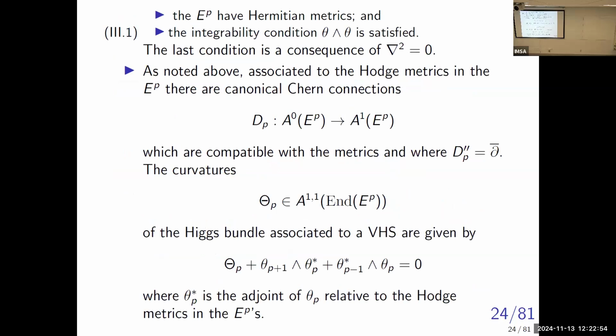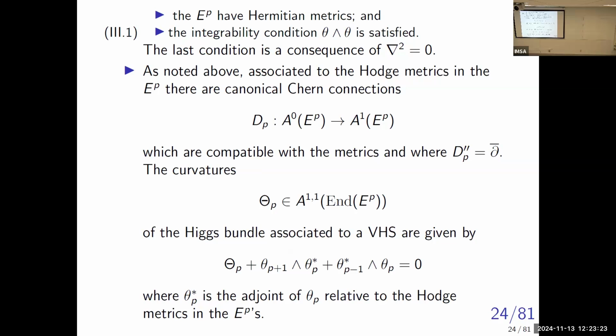The E's have Hermitian metrics, and you have this integrability condition, that delta squared equals 0, the flat connection. These are the Chern connections on the Higgs bundle, compatible with the metrics, where D double prime is D bar. That characterizes the Chern connection. It's like the Levi-Civita connection preserving the metric, but the 0,1 part of it is D bar.